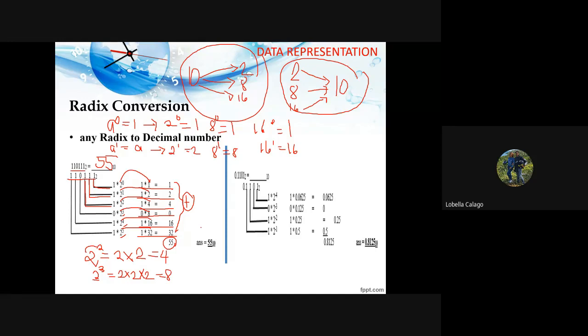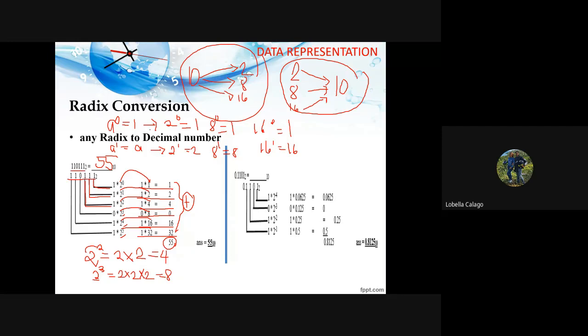Okay? So, how about decimal fractions? So, may decimal fractions din dito. So, ang decimal fractions, same lang din siyang gagawin. So, may exponent din. Pero kasi since we're dealing with decimal, so ang ating fractions will be the negative exponent. So, what is this?